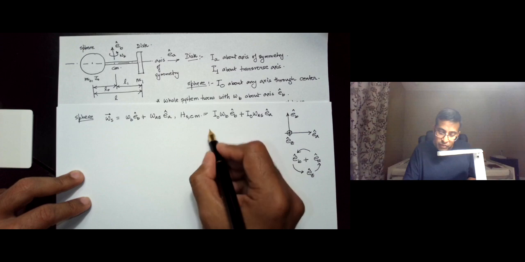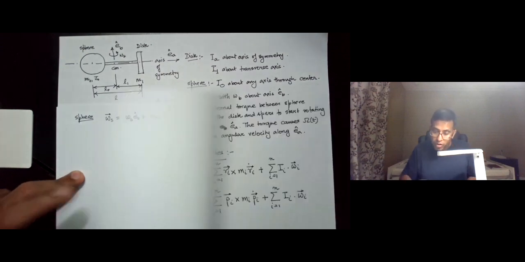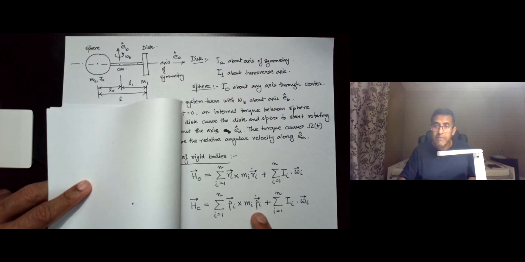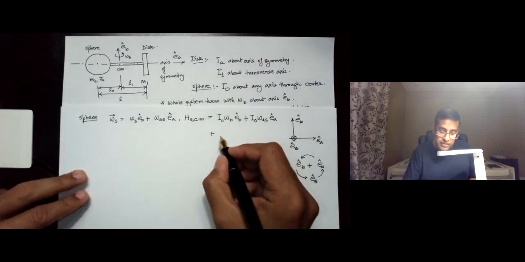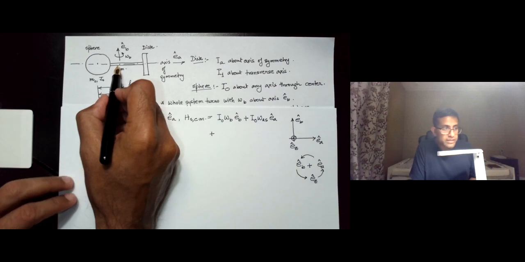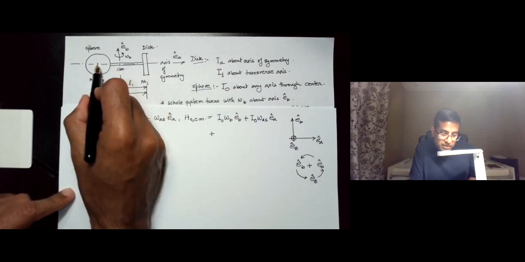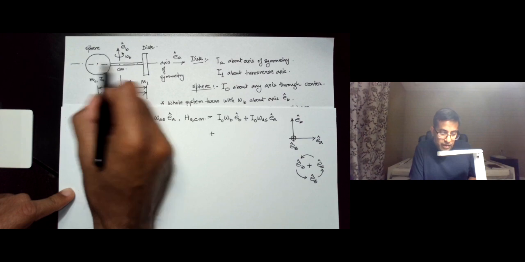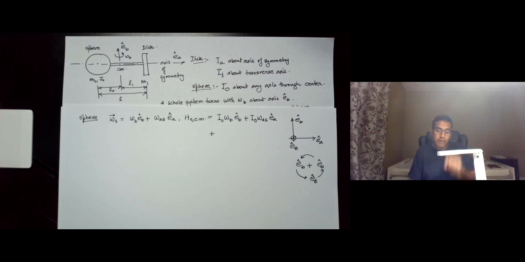Then what we need to do is the rho I cross m I rho I dot term. So what is the rho I? The rho I is going to be a vector that goes from the center of mass to the individual body, to this point.